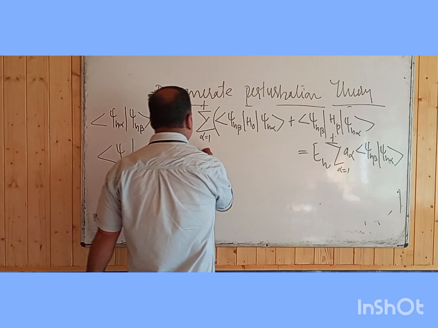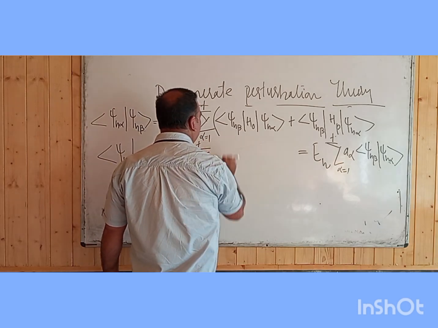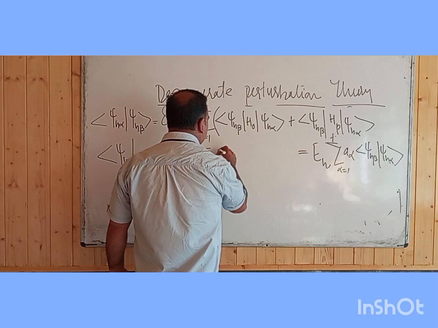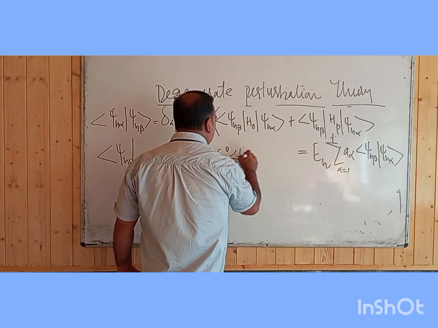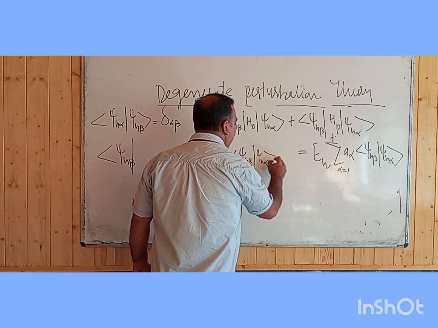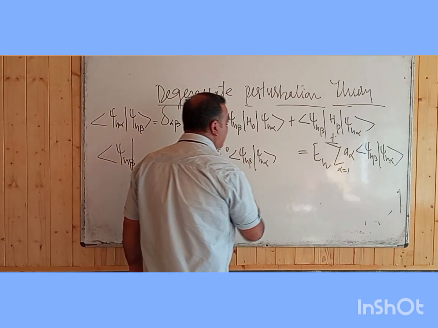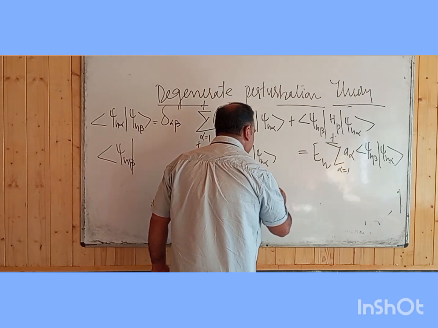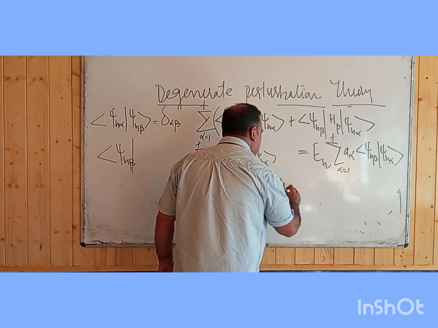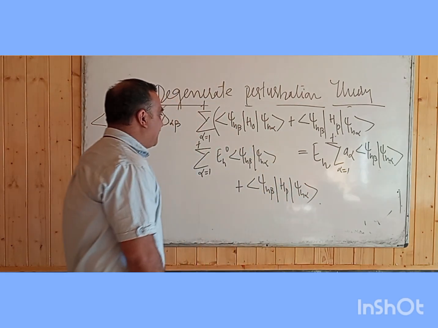What it will give us is sigma alpha equals 1 to f, this will give us En naught, and then we'll have sine n beta and sine n alpha. So this will be our first term. Then plus, you have sine n beta, then HP, and sine n alpha. That should be the case.